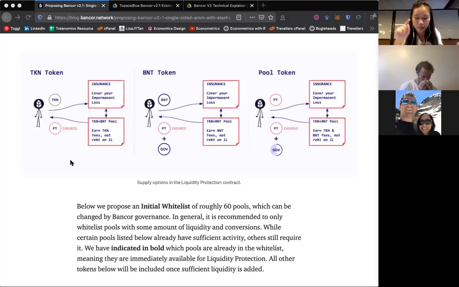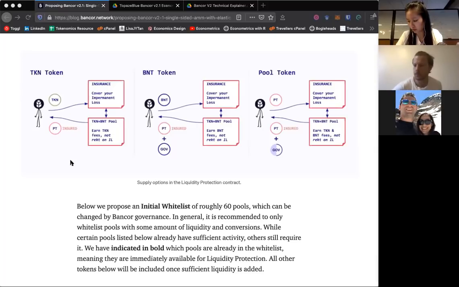Sorry, can you repeat that part again? Of course. Let's say you stake 100 BNT into protection. X amount of pool tokens are allocated for your position.